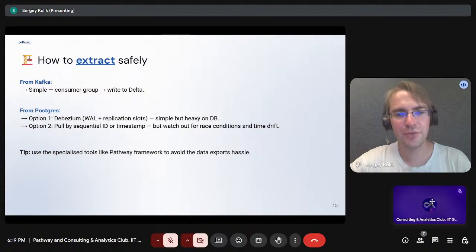But of course, if you ask a database to do more work, there are no miracles, and the database would work slower. So it's not a universal solution, and you cannot have too many replication slots. So at some point, you would probably need to use something else.